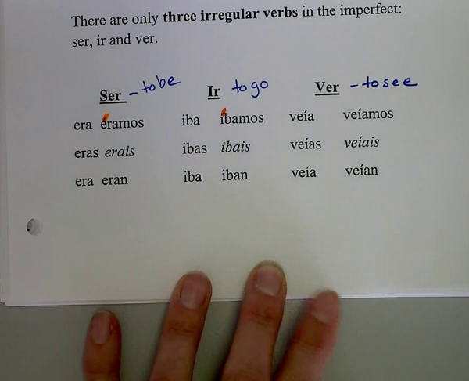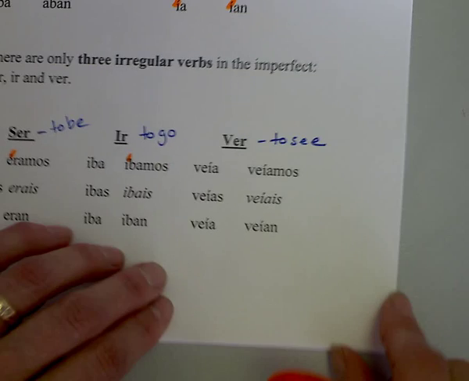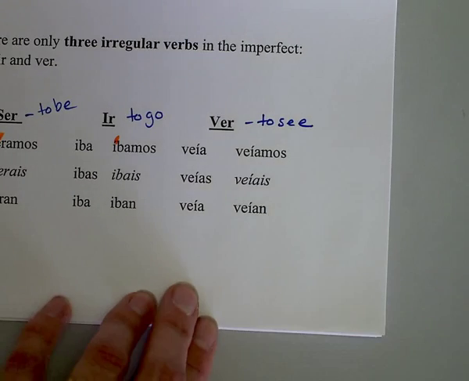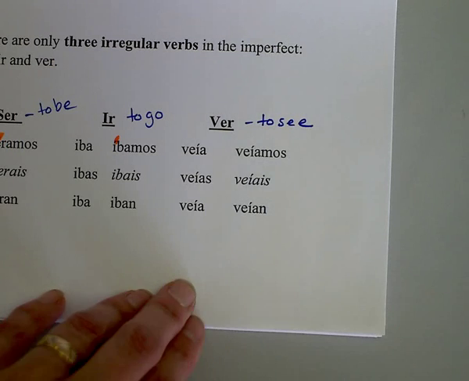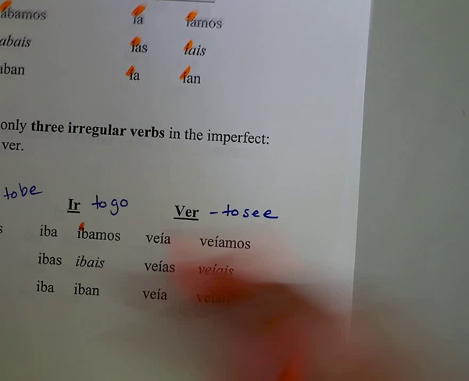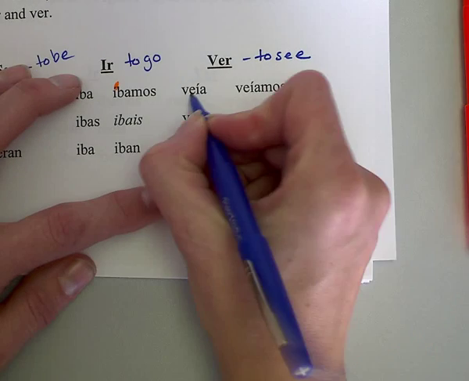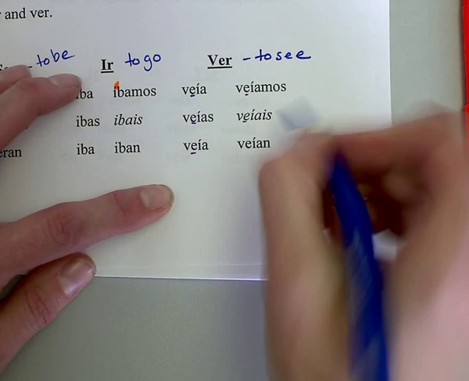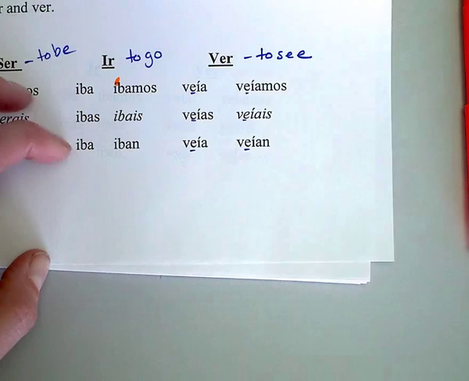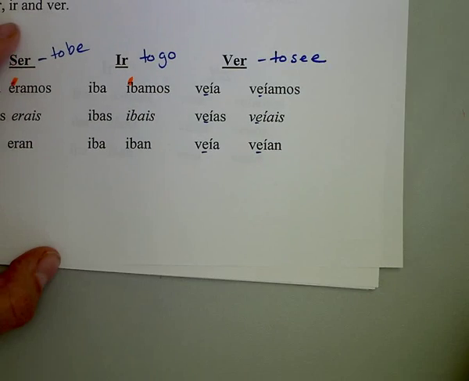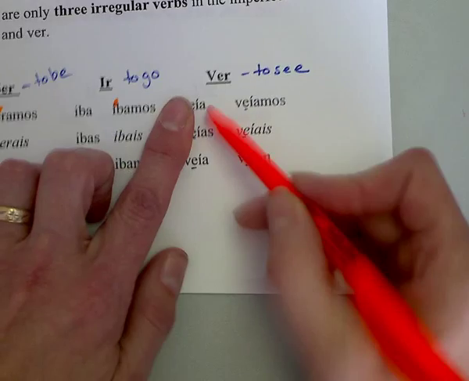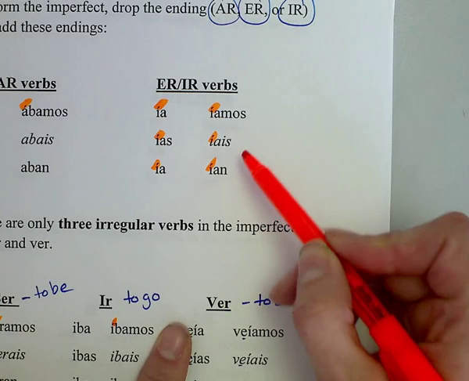Iban. So take a look at the verb ver. All they did was add the E back in. And since they added the E back in, notice it has the exact same endings as the ER and IR.